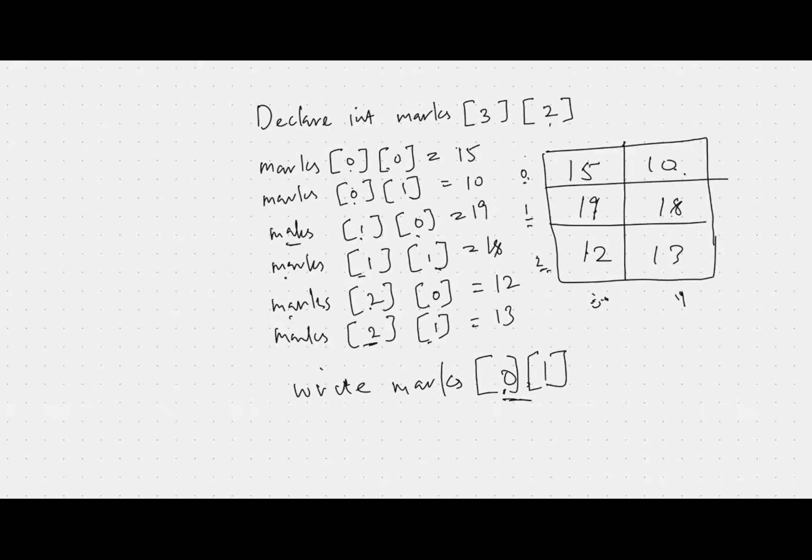So this one is position 0 for the row, and for the column, the 1 is this one. The intersection of these two is what will be returned as the answer. Okay, are we okay?